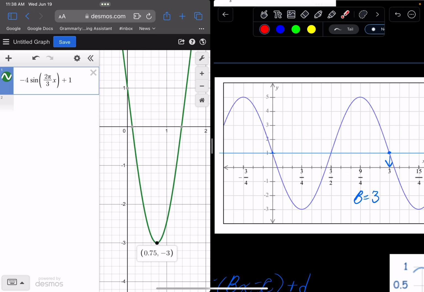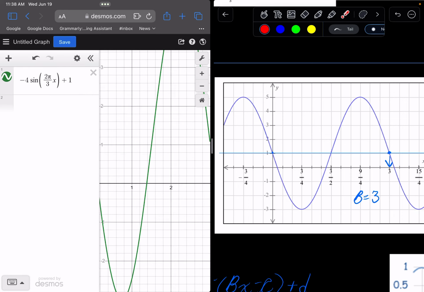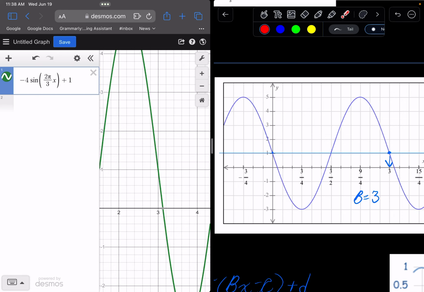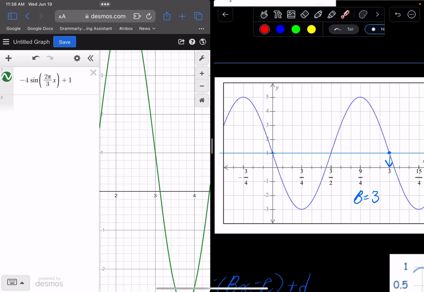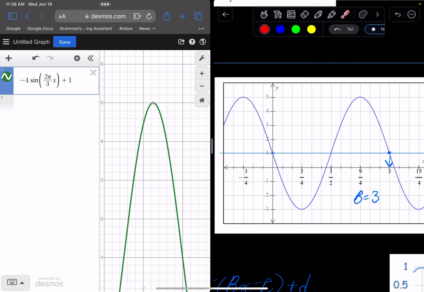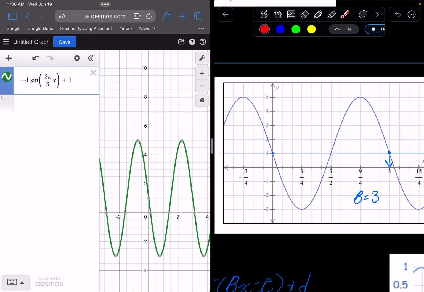So 3 over 4, -3. Same thing over here, so on and so forth. You can see here looks the same. Here 2.25 is equal to 9 over 4, and then the maximum is 5. So looks like this graph is the same.